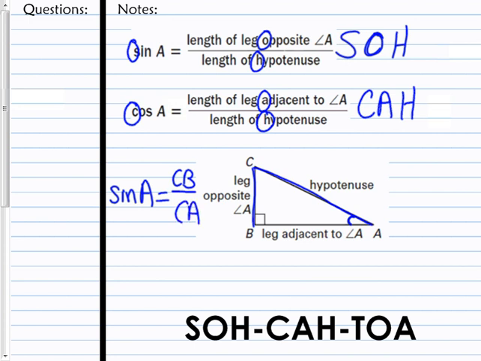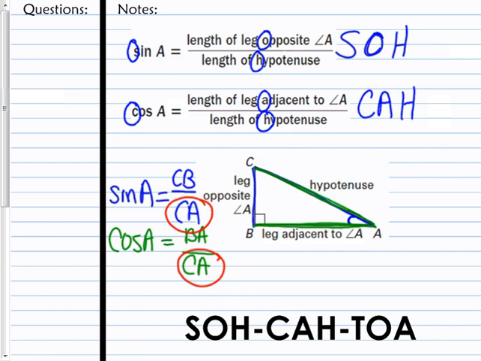But if I was doing the cosine of A, it would be adjacent, which is BA, over hypotenuse, which is CA. Notice that CA is the denominator both times, but sine is opposite and cosine is adjacent.